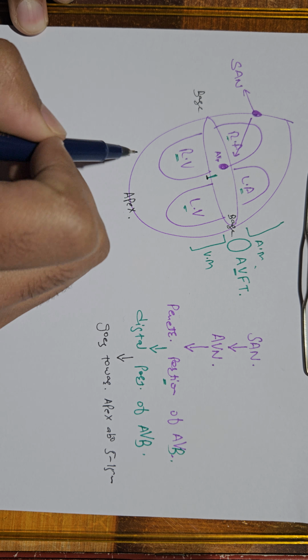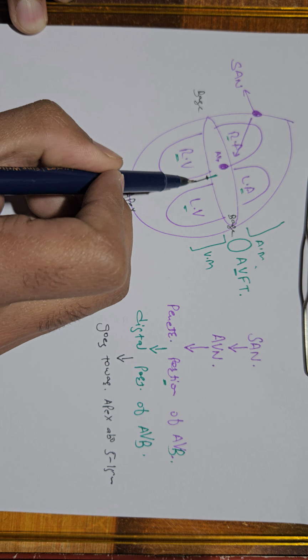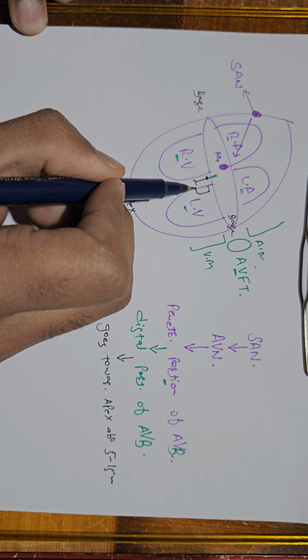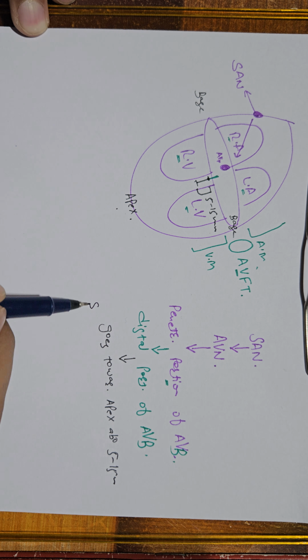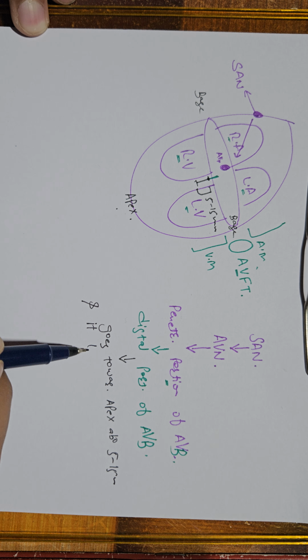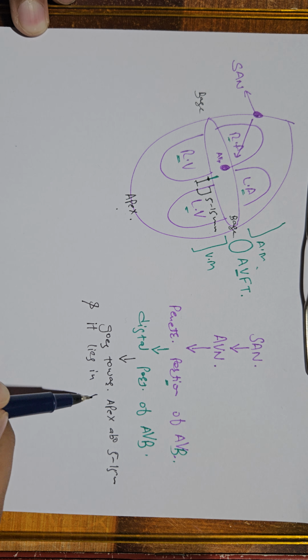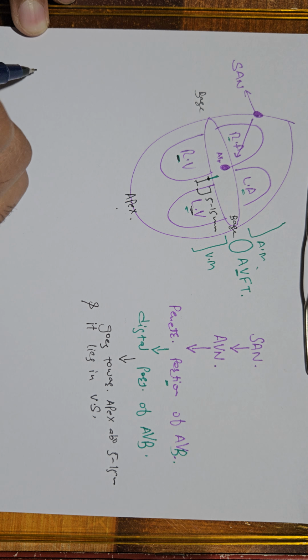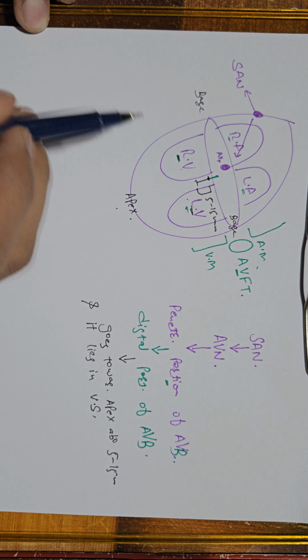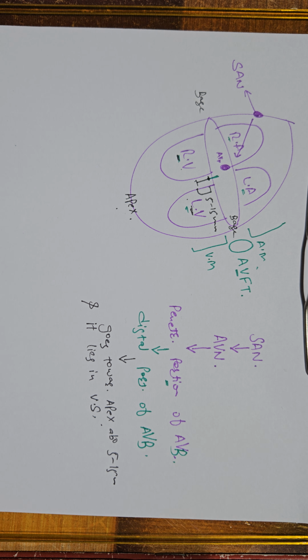So from here the distal portion of the AV bundle starts, and it goes towards the apex about 5 to 15 millimeters. This distal portion lies in the ventricular septum. This is the left ventricle, this is the right ventricle, and between the two ventricles is the ventricular septum. So this distal portion of the AV bundle lies in the ventricular septum.